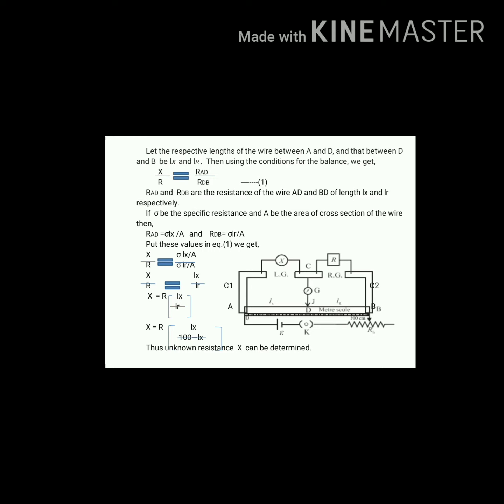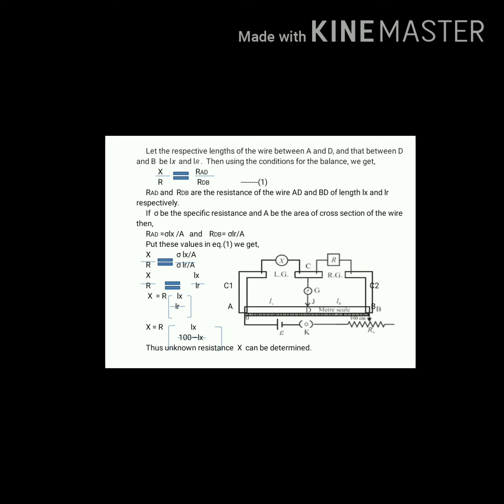Here RAD and RDB are the resistances of wires AD and DB of lengths LX and LR respectively. If sigma is the specific resistance and A is the area of cross section of the wire, then RAD is equal to sigma into LX upon A and RDB is equal to sigma into LR upon A.